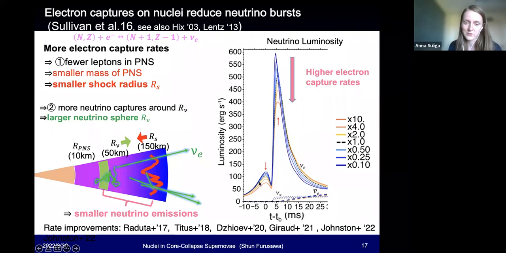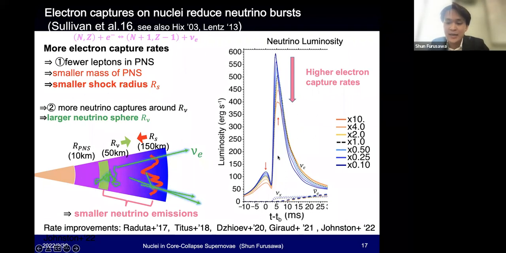So if you can expand a bit more on the changes of this peak with the electron capture rates, I would be grateful.